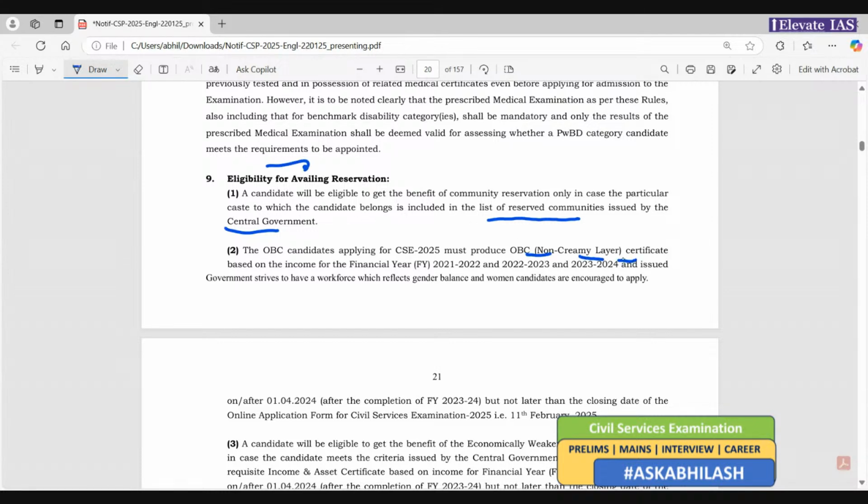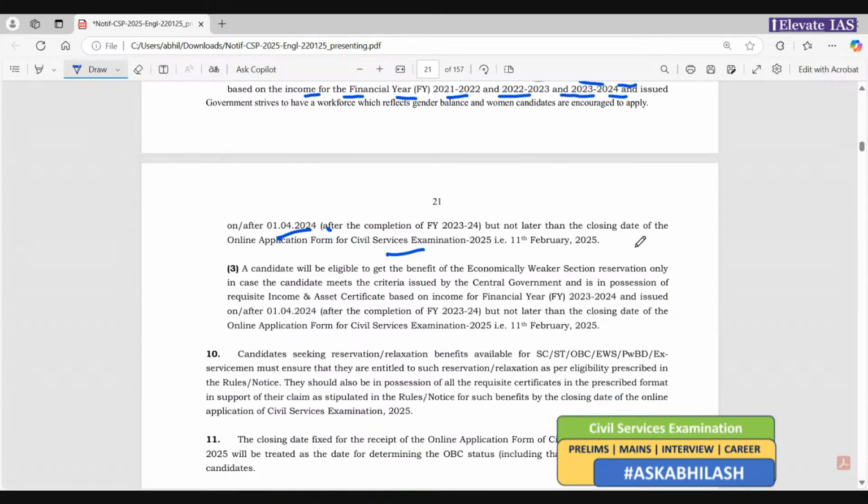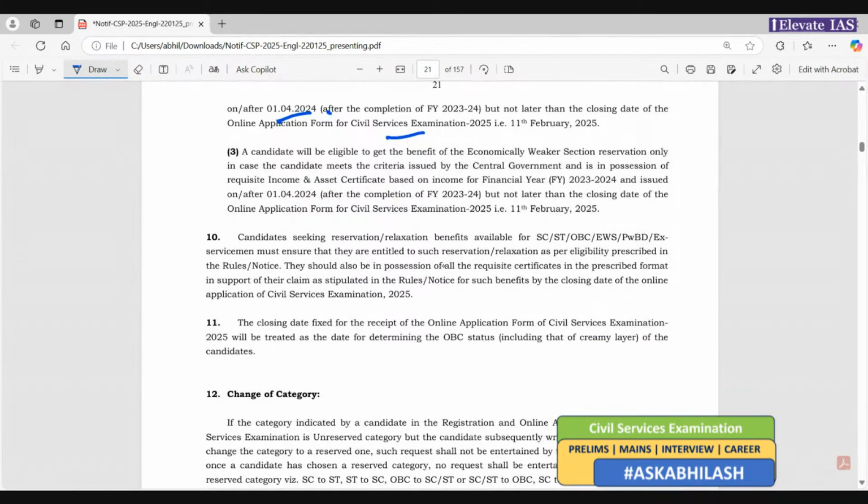OBC non-creamy layer certificate based on income for the financial year, issued after this date. If you meet up to this requirement, only then you can avail this.